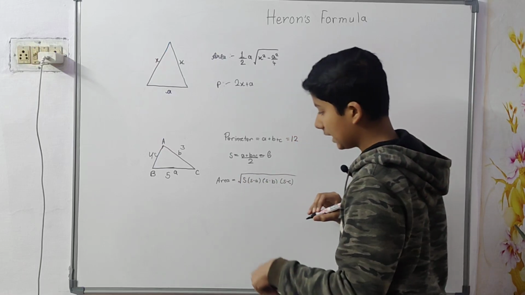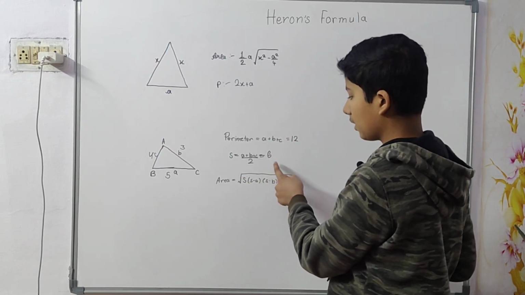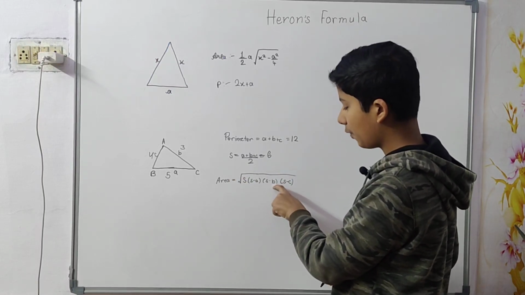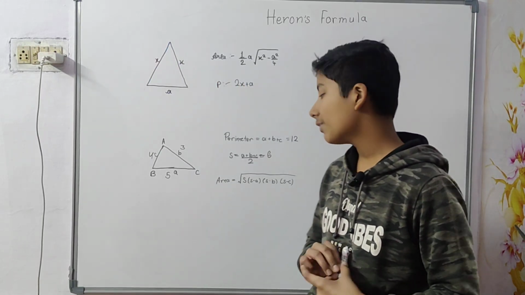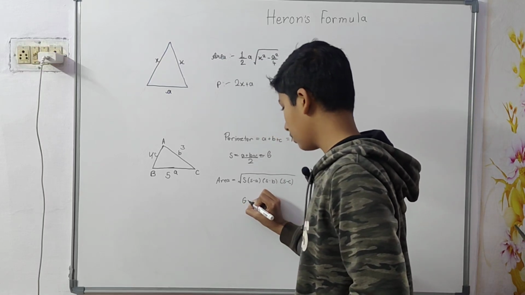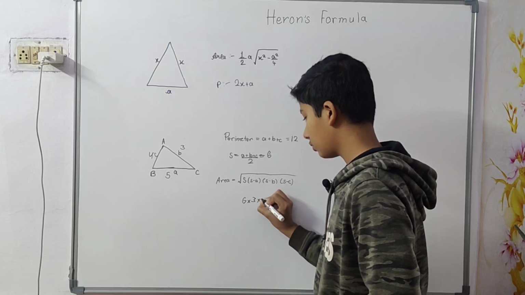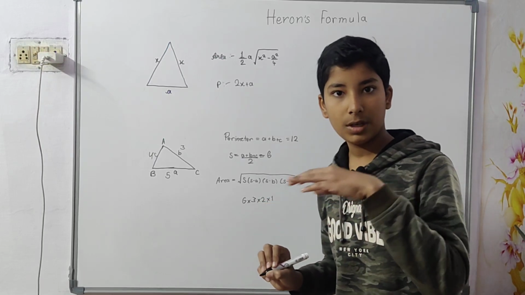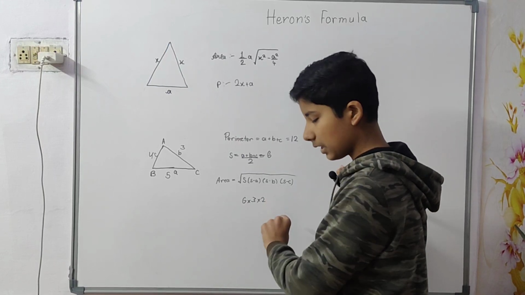Now, what will be the area? Area will be whole root S, meaning 6 into 6 minus 3 into 6 minus 4 into 6 minus 5. Okay, which is what? 6 into 3 into 2 into 1. 1 is no need of here, so we will just erase it.